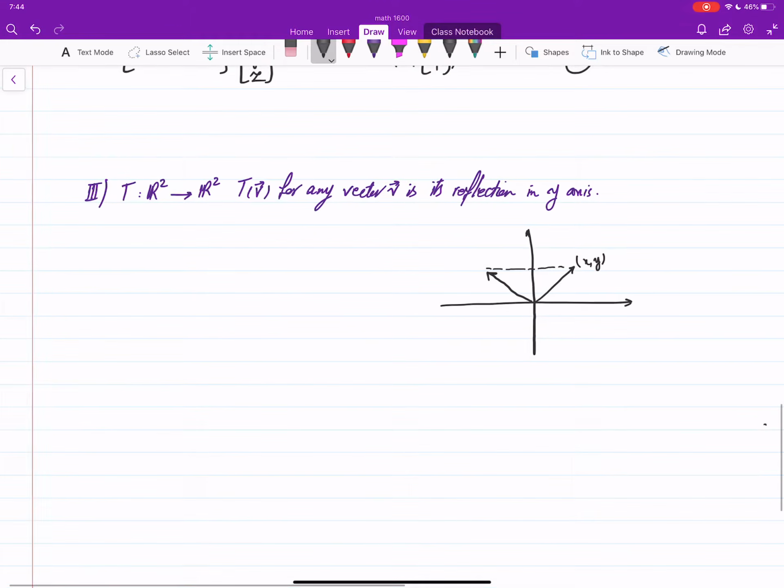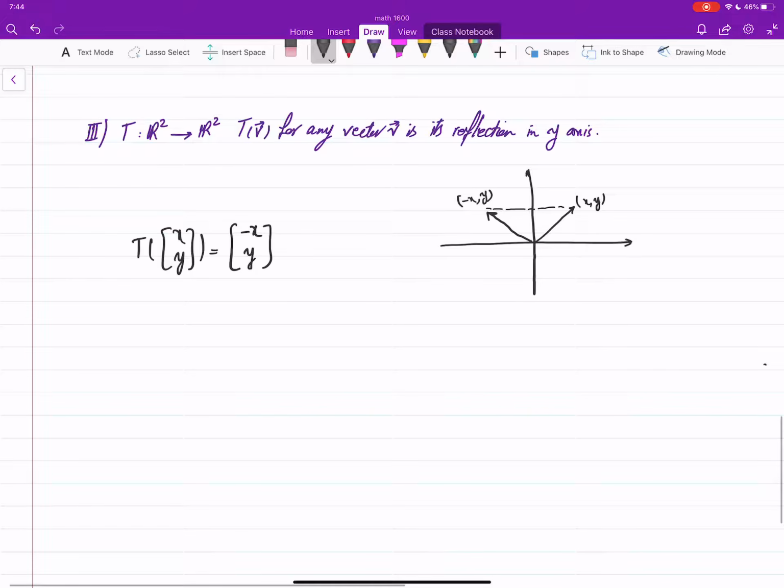Well, it keeps y the same but multiplies x by a negative sign. I did this for points, but for the vectors, basically T of (x, y) is going to be equal to (minus x, y). So we want to find the standard matrix of this.